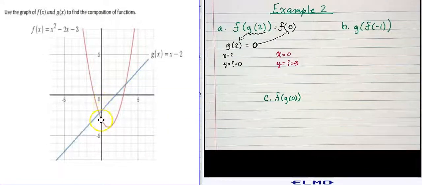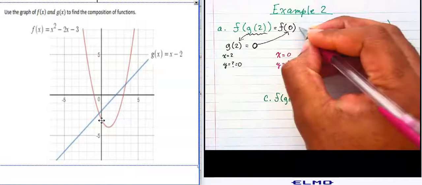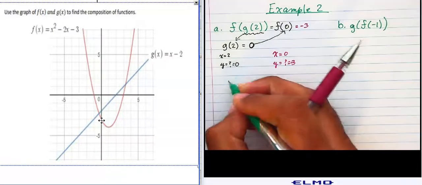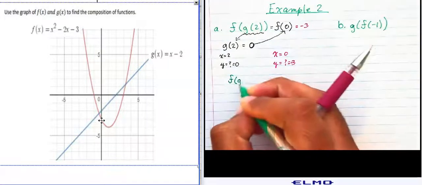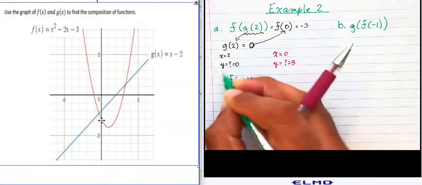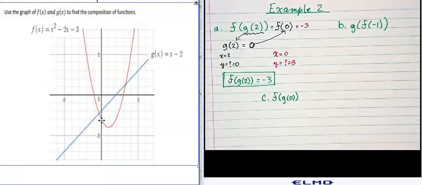So -3 right there. That's your y value. All right, so with that being said, we know that the whole thing is just going to equal -3. So just like I said on the last video, make sure you write it out. Bam.